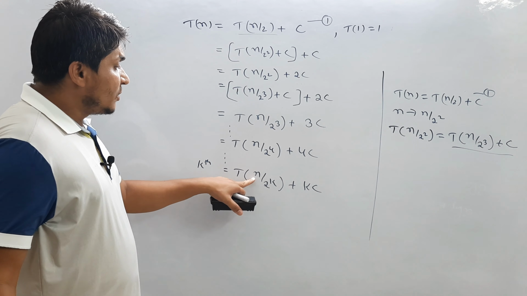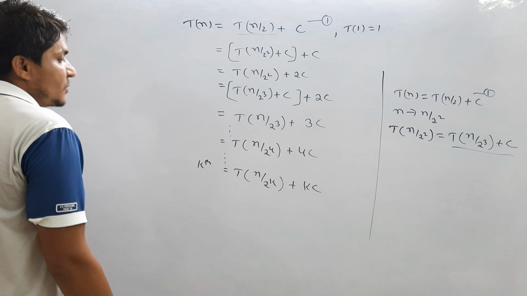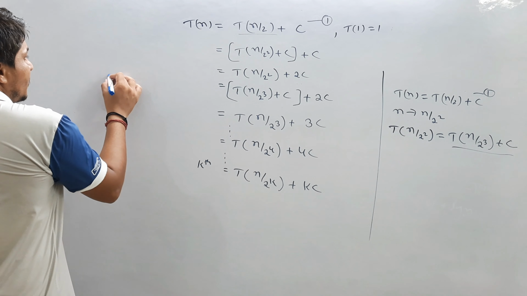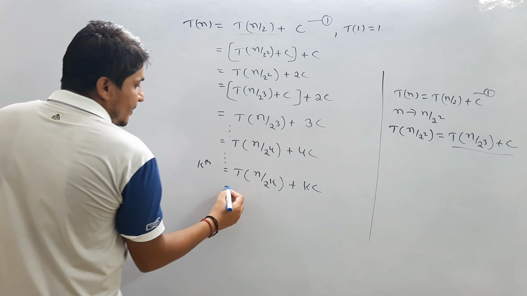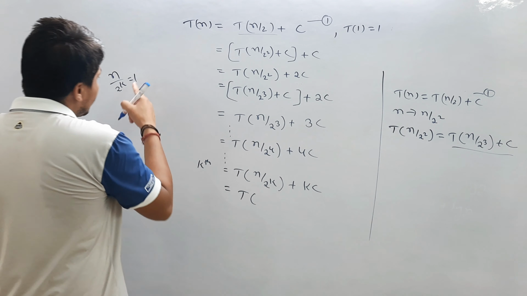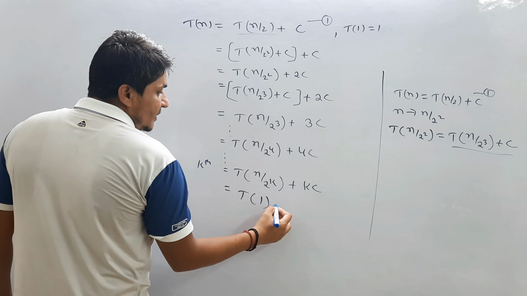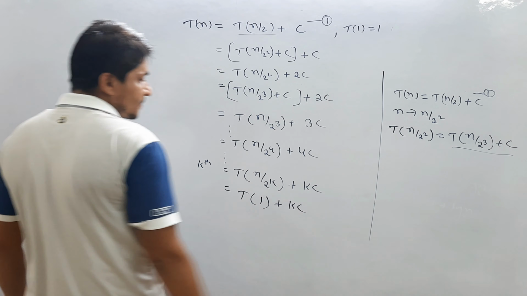But I do not know the value of T(n/2^k). So I can assume n/2^k equals 1, and if I replace this, then it is going to be T(1) + k·C.